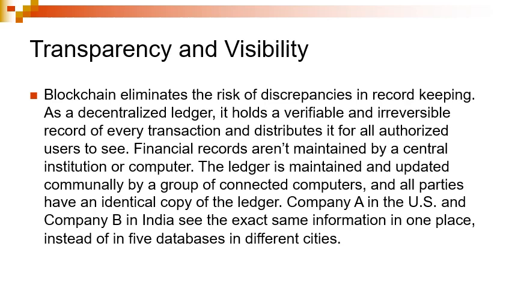So the ledger is distributed to every node. Everyone can see the ledger. Financial records are not maintained by a central institution, so there is no need of a central institution. Direct transfer of funds can happen. The ledger is maintained and updated communally by a group of connected computers, and every party has an identical copy of the ledger. So company A in the US and company B in India see the exact same information in one place at the same time, instead of in 5 databases in different cities.